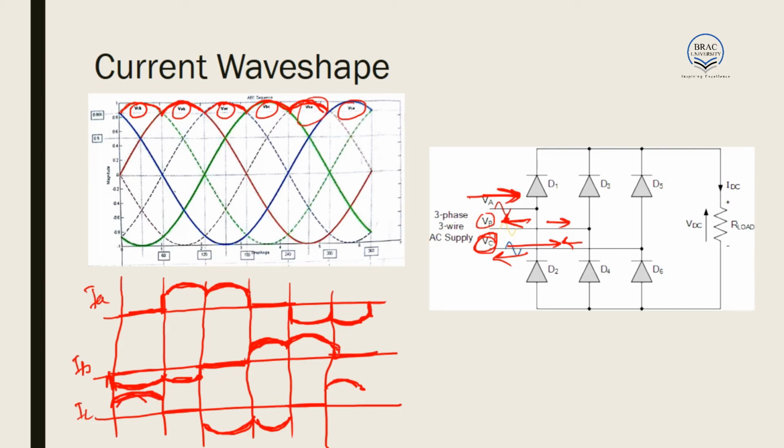And IC will look like this. Here this is 0, and here we have the negative side, and then again we have 0 and again a positive peak. So these are approximately the current wave shapes of a full wave uncontrolled rectifier in 3-phase configuration.